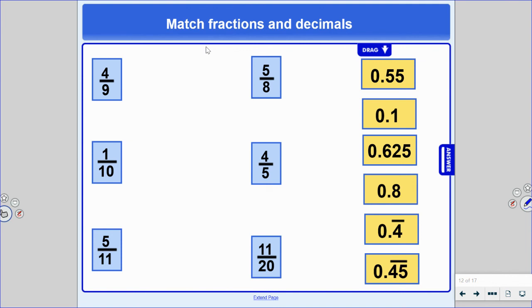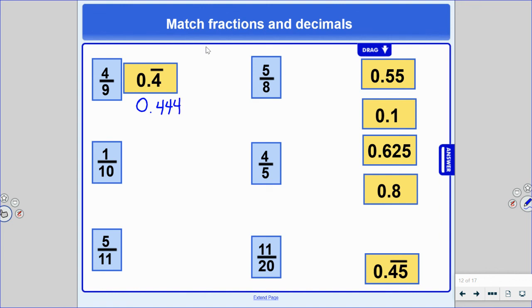All right, so 4/9 will actually be 0.4 repeating, and if you're trying for the challenge, which I would encourage you to do, I believe the remainder was 4? I think so.